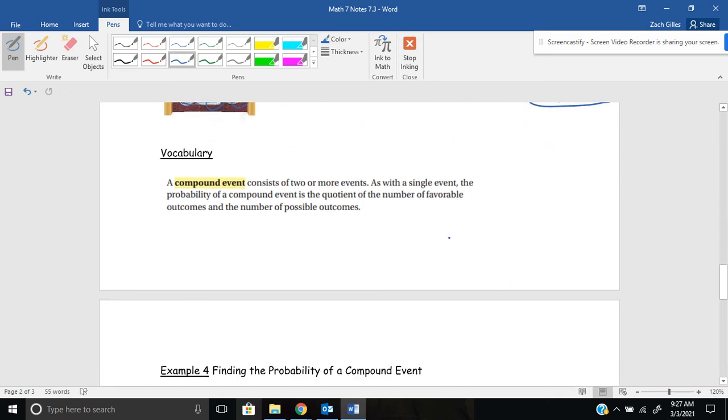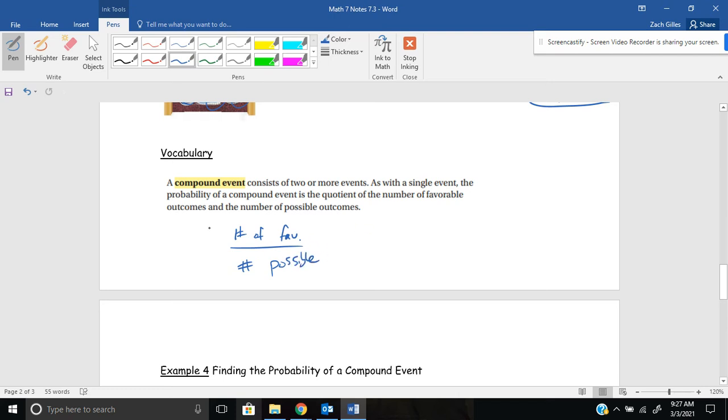All right, on to the definition of a compound event. That's when we have 2 or more events. As with a single event, the probability is the quotient of the number of favorable outcomes and the number of possible outcomes. So we're still doing number of favorable over the number of possible.